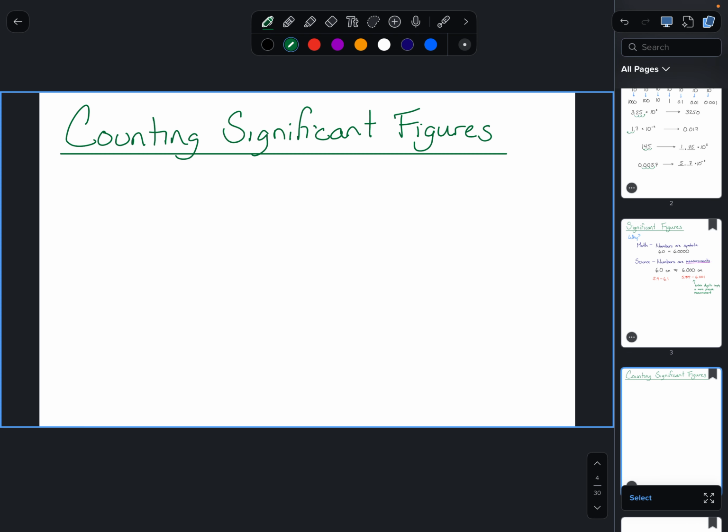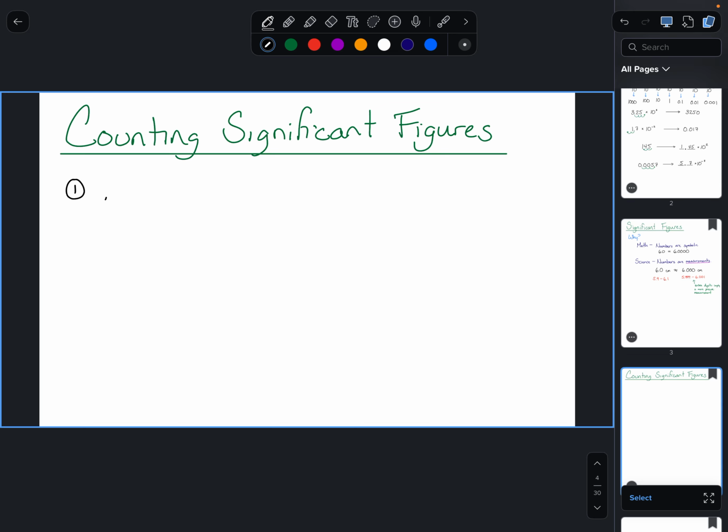As I'm going through my notes, you'll notice that I title these different sections. That's to help you when you're going through your notes and you think, oh crap, how do I go about counting sig figs? You can go back to that particular topic. I'm trying to make sure we organize our notes on the page in a way that's going to be most useful. Okay, so we have rules for counting sig figs. All right, let's lay them all out here.